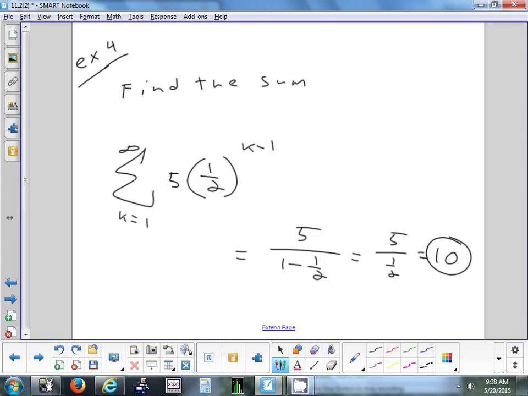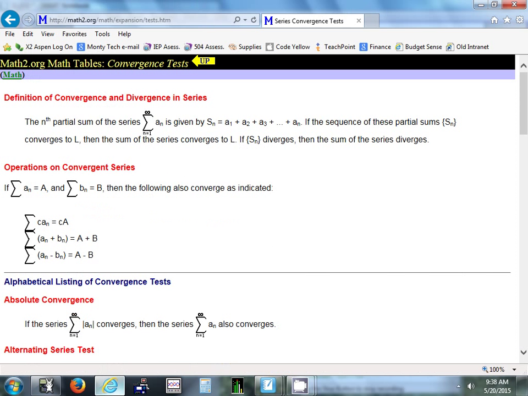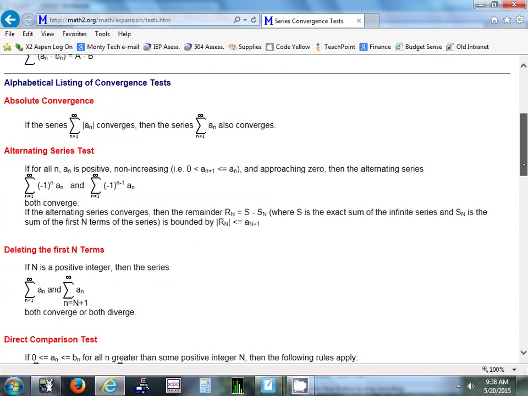All right, so I told you guys earlier that sometimes you just want to figure out whether a series is convergent or divergent. Okay, so there's all kinds of what they call convergence tests. Some of them I think you guys would understand, especially if I can find one that says geometric somewhere.